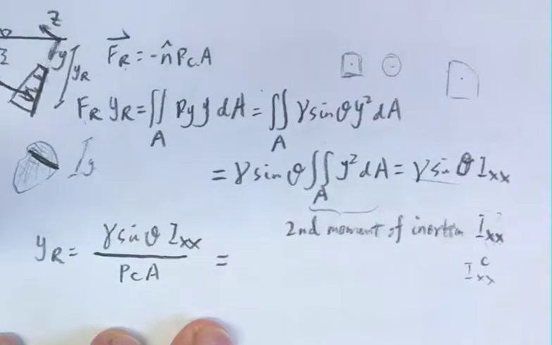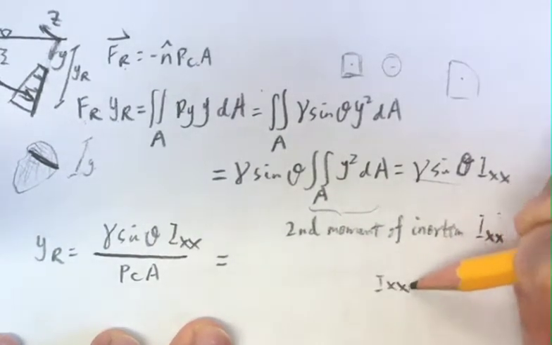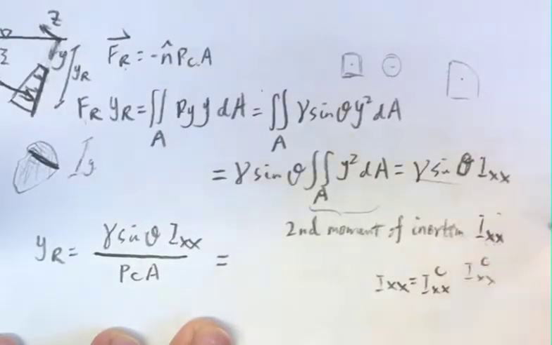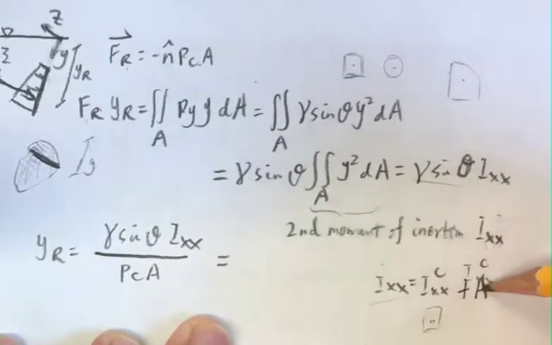I'll tell you the formula. Ixx equals IxxC. The moment of inertia regarding some point is equal to the moment of inertia regarding the shape's centroid plus A times Yc squared.